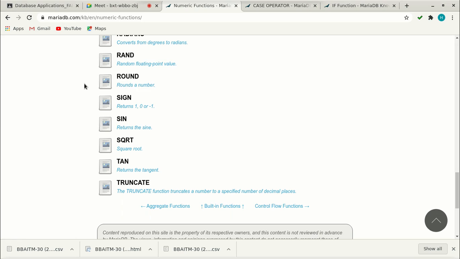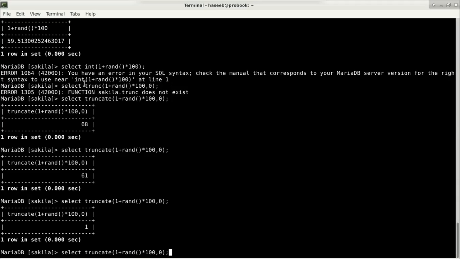Round is used to round a number to the given decimal places. Let's say round 5.6 and similarly round 5.4. Now the rule of rounding is, just a minute, 5.66 and 5.64.